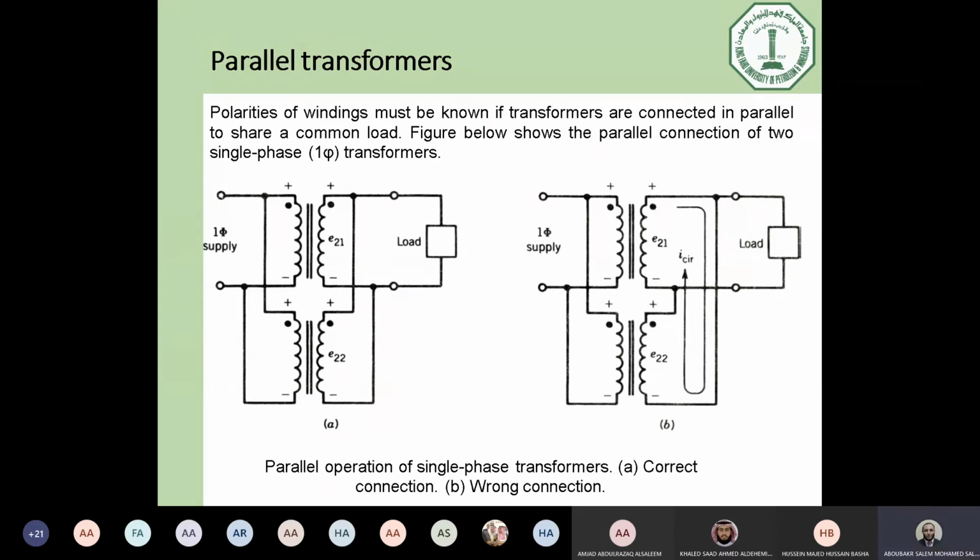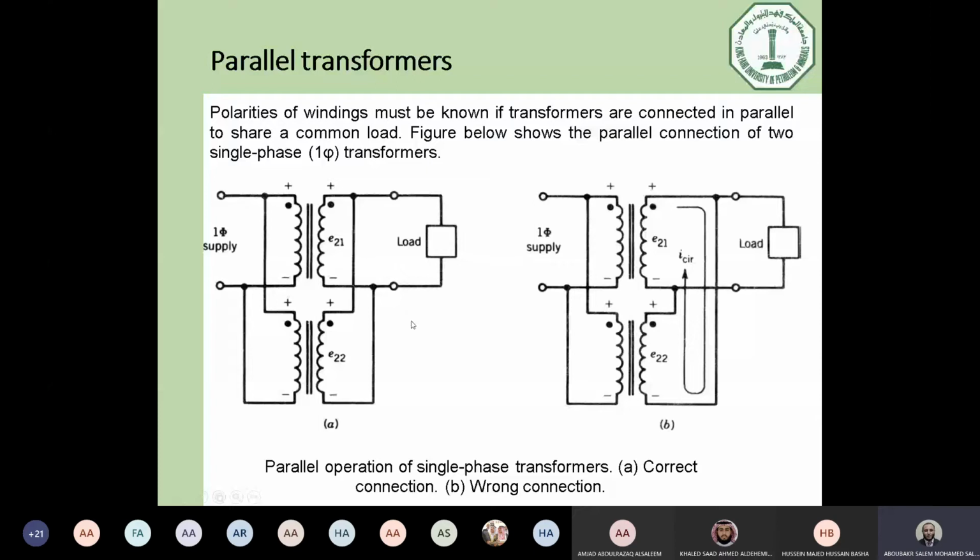This may damage the load and cause very high current in the circuit. So this is not right. You cannot connect these transformers in that way. It's very dangerous to the load. So this is now the right connection using the dotted coils.